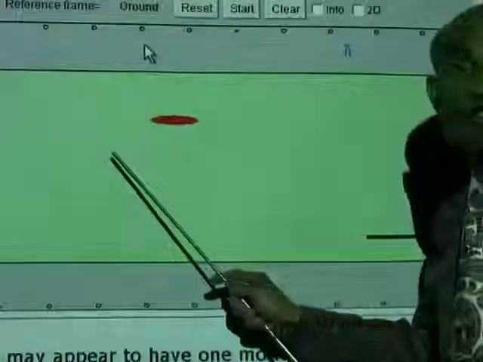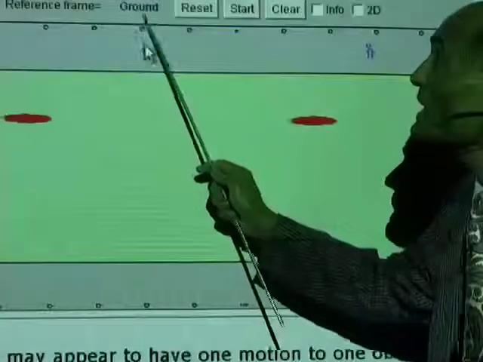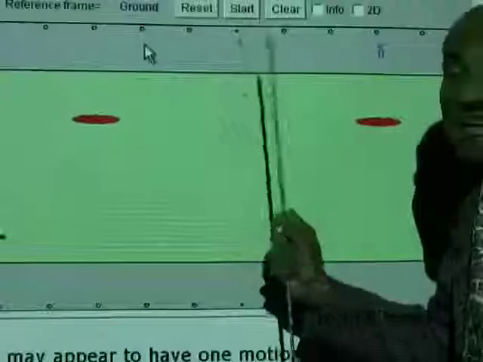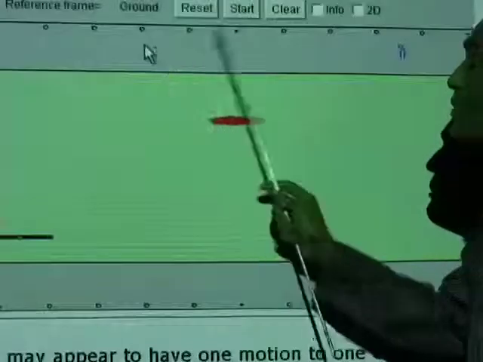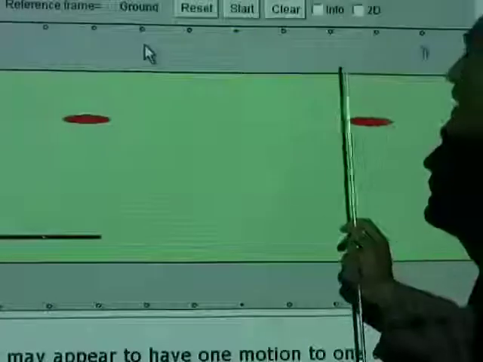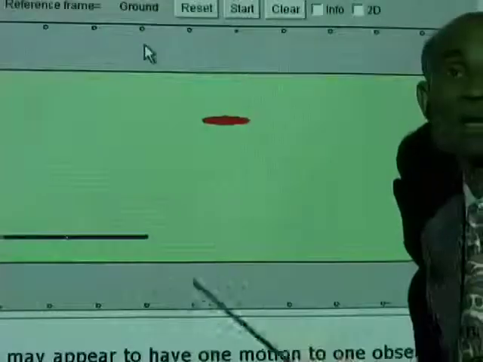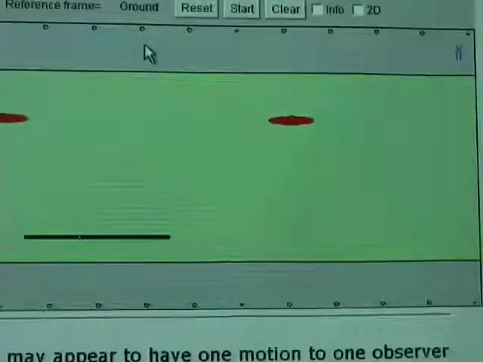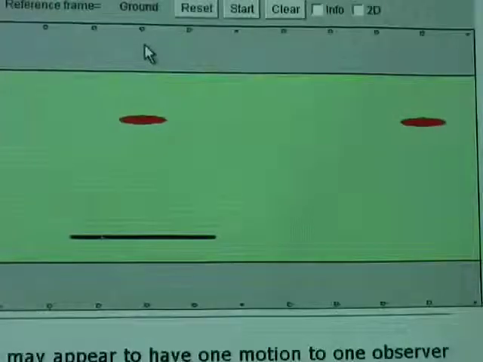Now, what is the frame of reference now? The frame of reference is the ground. Now, let's give some values here. When you are standing on the ground, let's say the man is walking in the x direction with a velocity of 1 meter per second. Is it okay? We will just assume that. So let me write that down here.